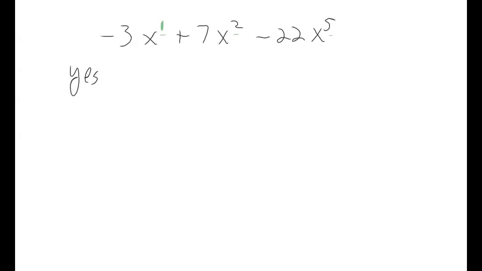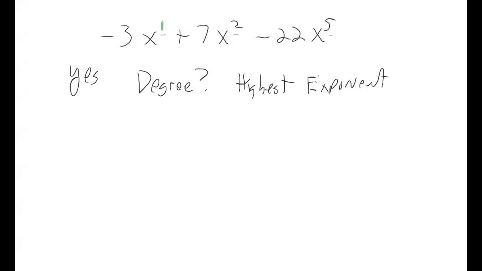Now, it might ask you what is its degree? And the degree is the highest exponent. It's not the one that comes first, even though that's typically how we write our problems. I purposely wrote this one out of order so we could see that the degree for this problem is 5.